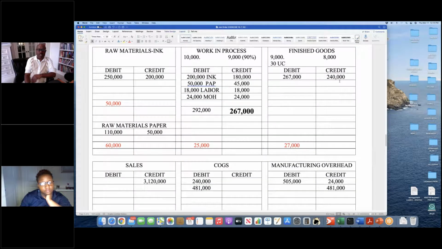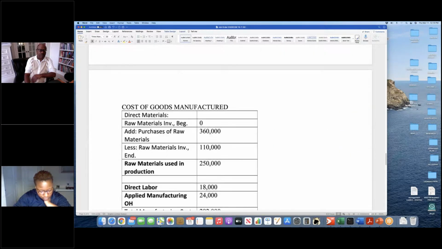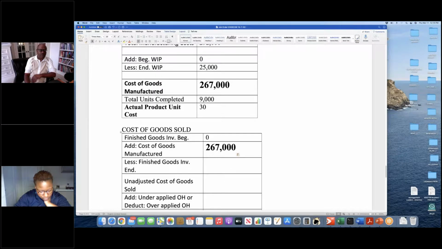So we go into the ending finished goods inventory, and it was what? 27,000. So what's the unadjusted cost of goods sold? 240,000.